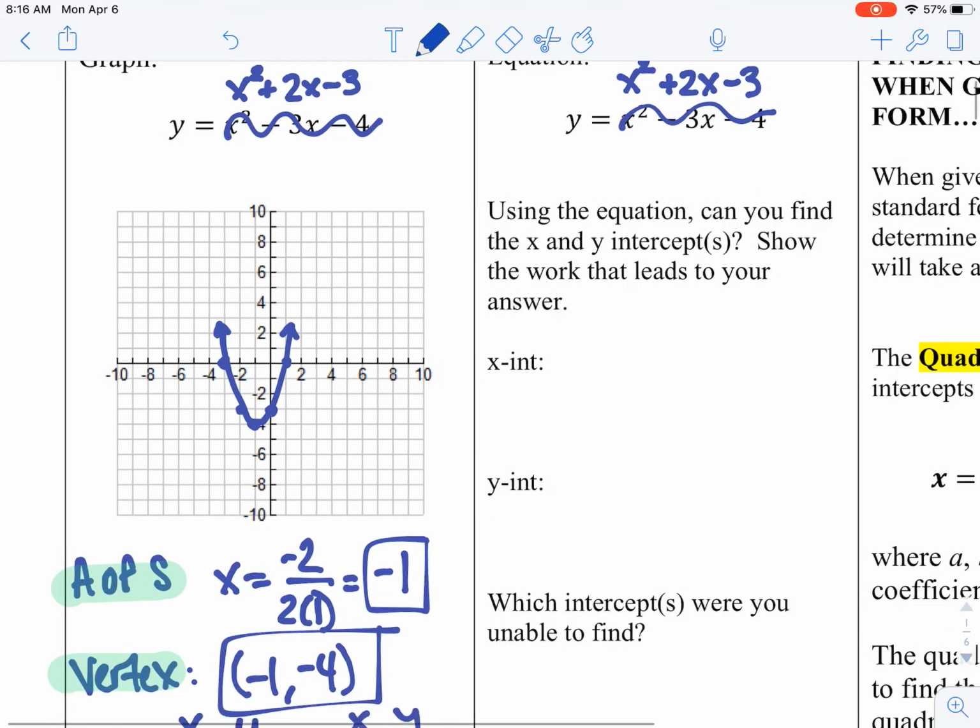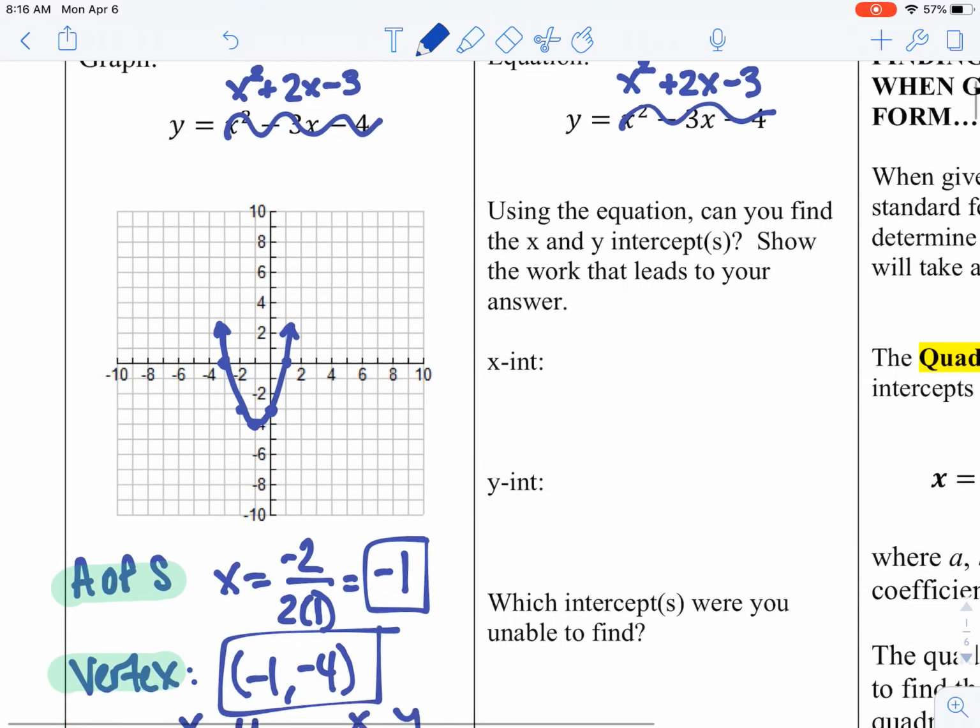So the quadratic formula is x equals negative b plus or minus the square root of b squared minus 4ac, all over 2a. I also linked a couple of fancy songs for you to help remember the quadratic formula. Okay, so we're going to go down here and solve using the quadratic formula.